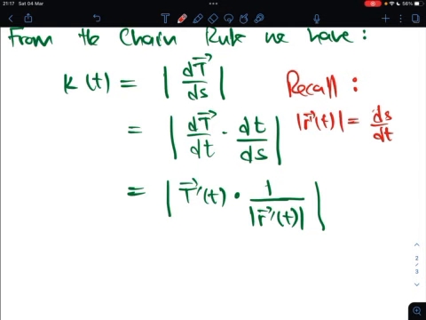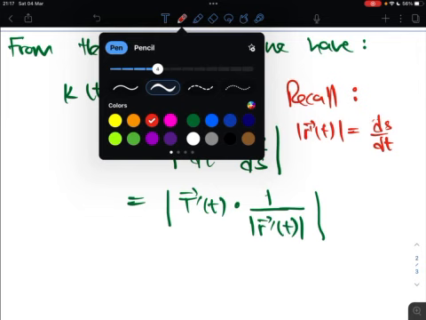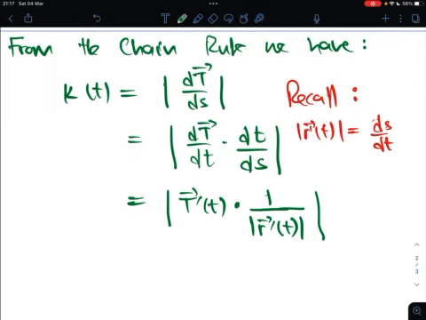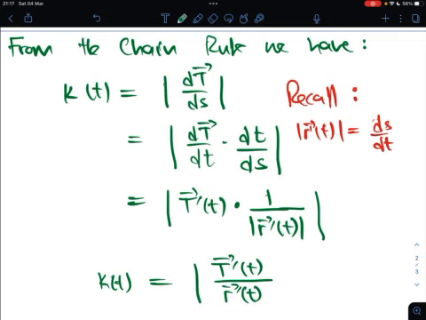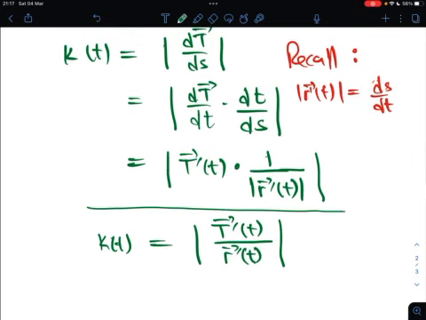This is what we used here to provide some simplification, and we can now see that this thing called the curvature is simply the measure of the change of the unit tangent vector with respect to time over the measure of the change of the position vector with respect to time, like that.